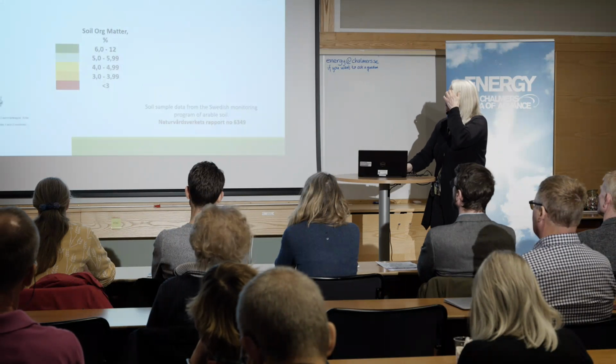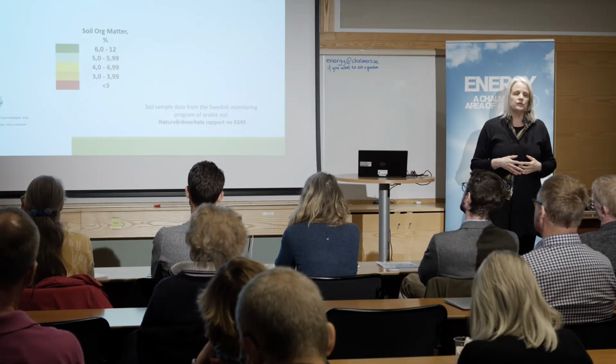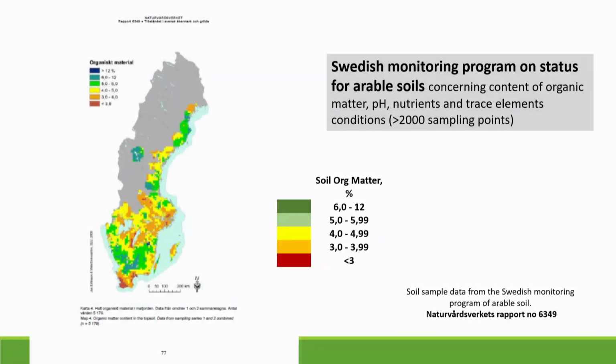In Sweden, we have a monitoring program of the soil, and this is from cropland arable soils. And here you can see the content of soil organic matter in the soils. It's a bit faint, but the redder, the lower the soil organic matter, and you can see down in Skåne, in the southwest of Skåne, we have the lowest, and a tendency to higher when we come up north, and that's very important due to a colder climate.